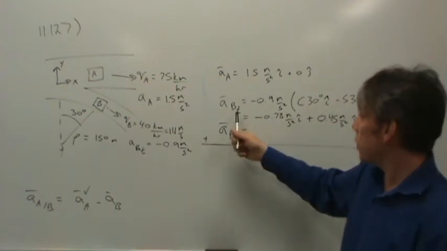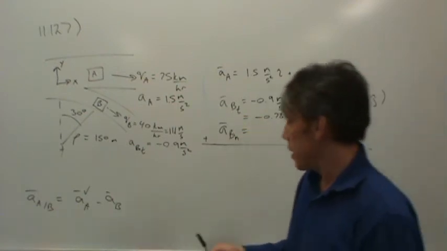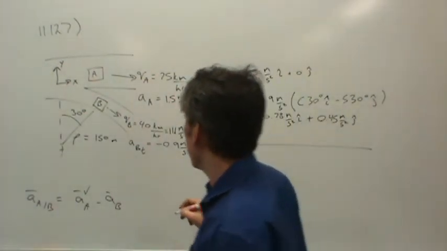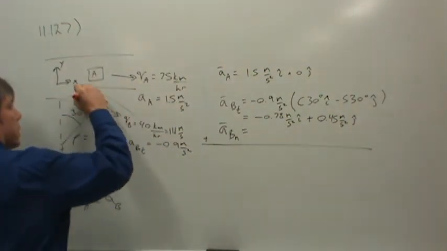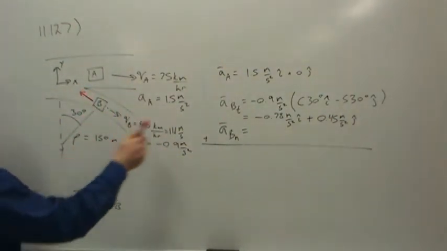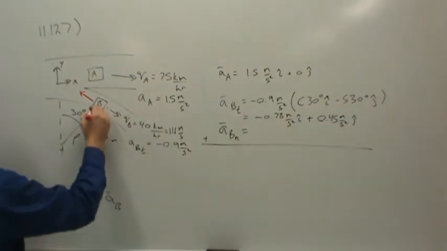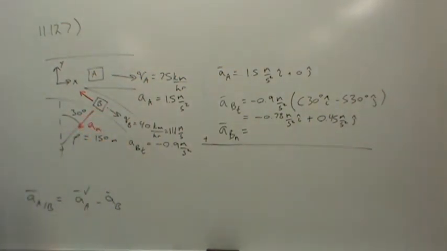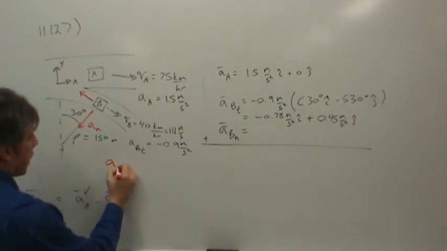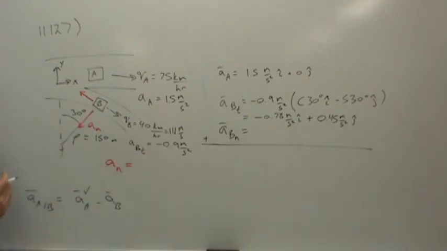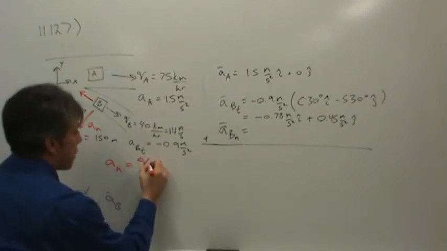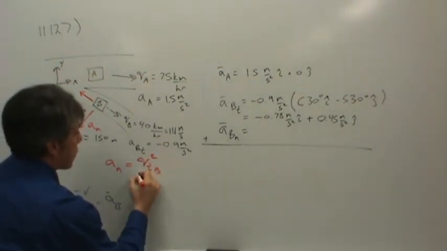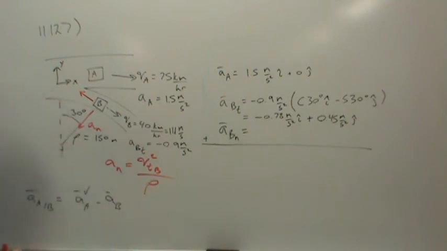Okay, so there's just the tangential component, but not only is there an acceleration in this direction, which we've represented right here, there is a normal acceleration we have to deal with as well. Now, the normal acceleration for B, if we calculate just its magnitude, not its direction, would be the tangential velocity of B squared divided by the radius of curvature.